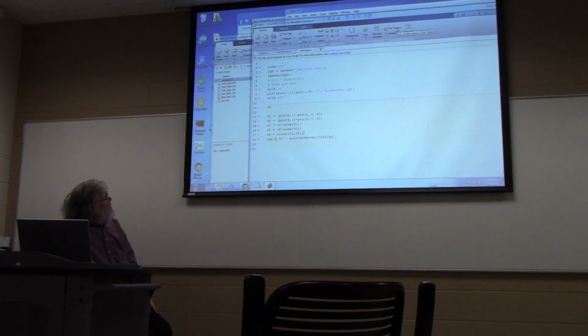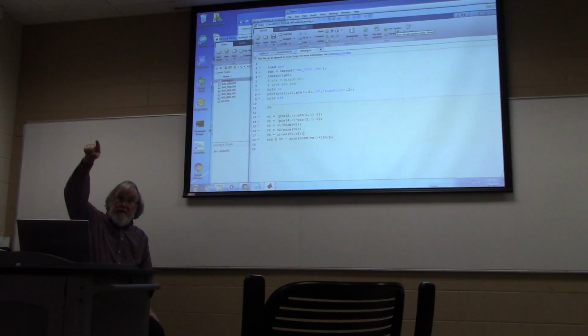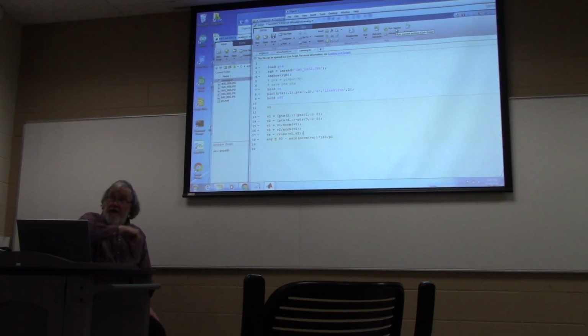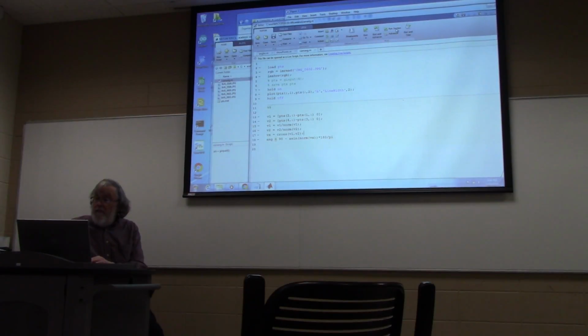So you can see from the code, I took 4 points, one defining the up vector, and then another one defining along the camera, and then constructing the vector from one point to the next, normalizing it to unit magnitude, taking the cross product, and then doing the arc sine, subtracting it from 90.